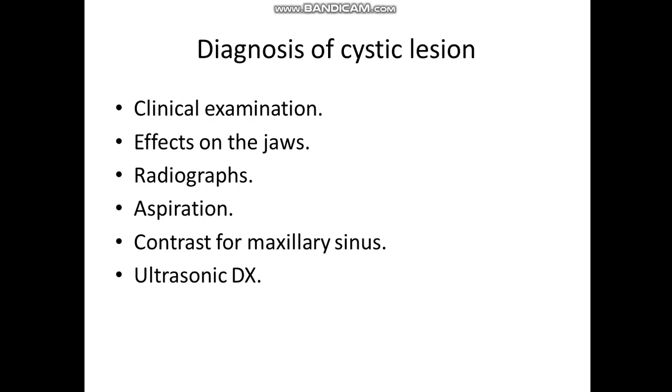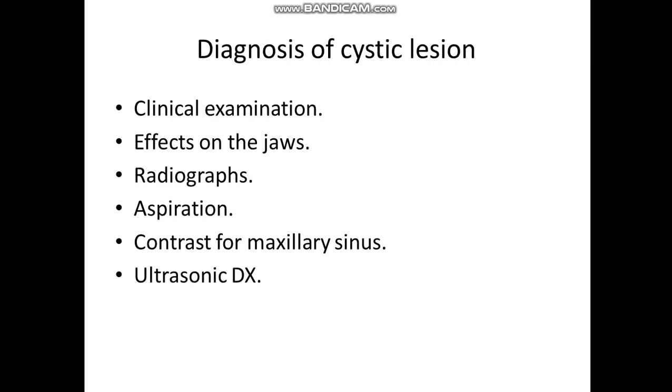Ultrasonic could be used; this is for soft tissue cystic lesions. Also there is biopsy, which helps in the diagnosis of the types of the cystic lesion. If we need to diagnose whether this is a cystic lesion or a tumor, in general we can use radiographical or clinical examination.